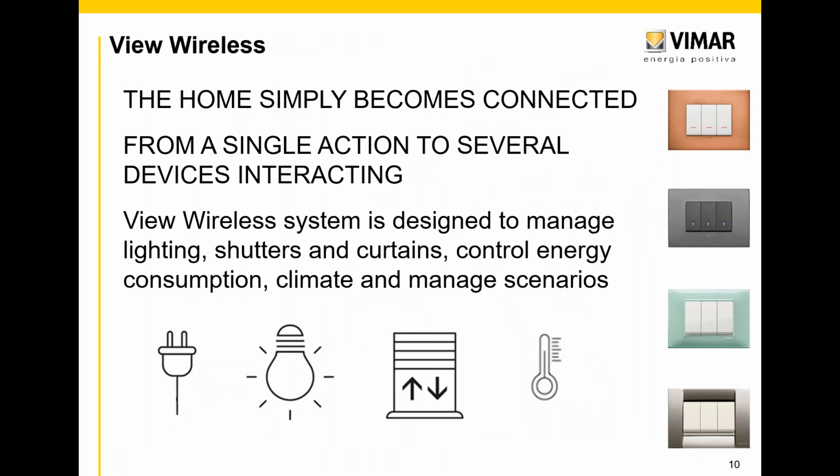So what we say with View Wireless is that the house, because we are focusing on the residential sector, becomes connected. What we are able to do is, from a single action, manage under a single system different functionalities like lights, shutters, curtains, energy controls, climate, and scenarios.